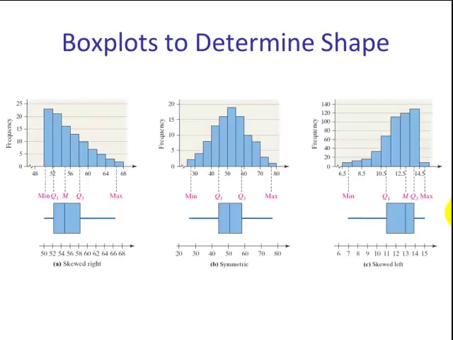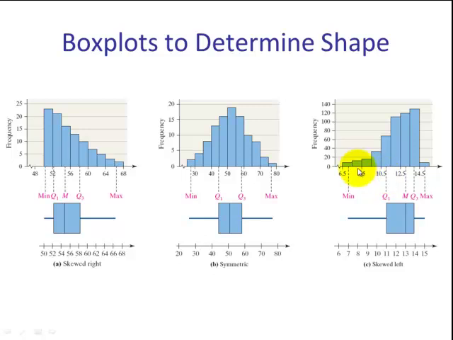Here we have 3 distributions. The first distribution, from the histogram, we see is skewed right, and this can be seen in the box plot. If you notice, the right tail is longer than the left tail. If it is bell shaped, then the left tail is approximately equal to the right tail, and the median is approximately in the middle of the rectangle, the box.